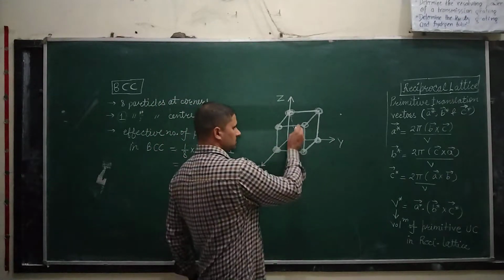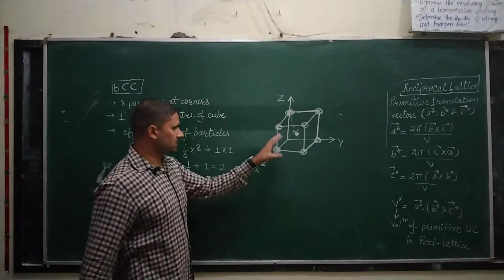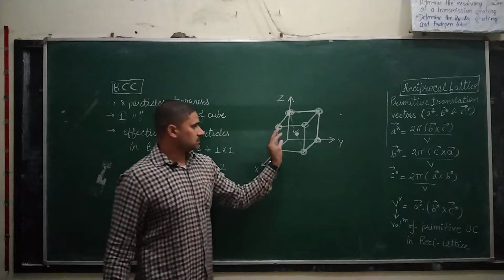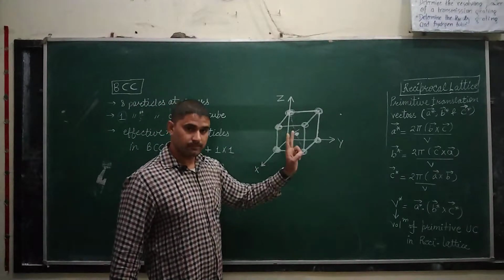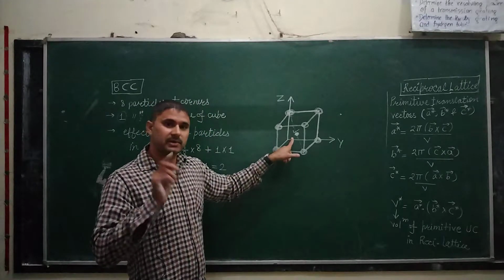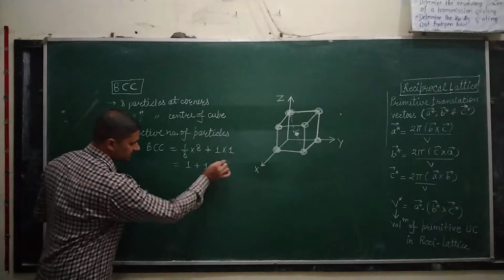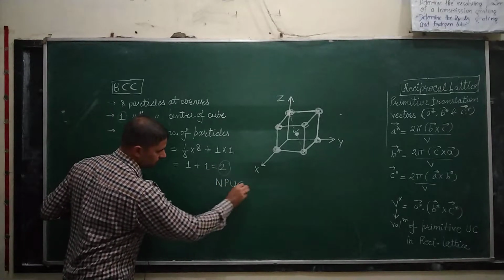So the contribution of this particle is 1 and the contribution of the other particles is 1. So here you can see the effective number of particles in this unit cell is 1 plus 1, 2. So this is not a primitive unit cell. Okay class, because of this reason, this is a non-primitive unit cell.